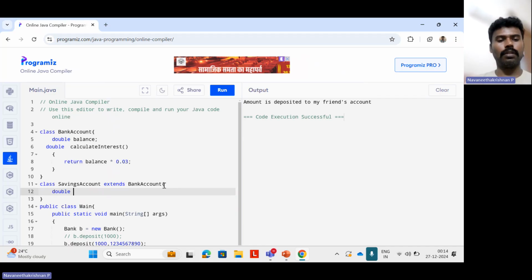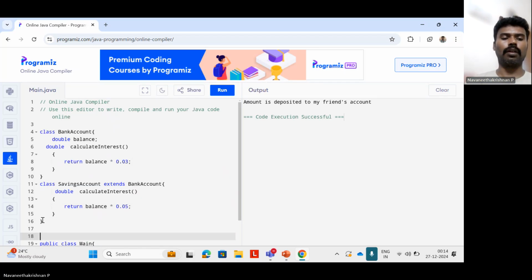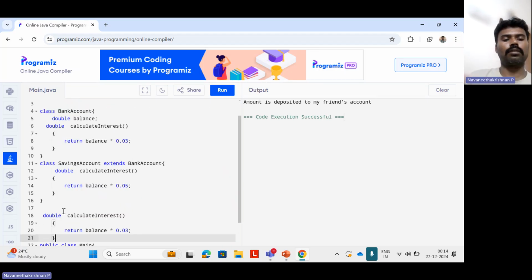So I copy and paste this, and here it is maybe 5%. Now we have another class. Because there are many accounts, such as savings account, current account, and FD account, we have an FD account, which again extends bank account.